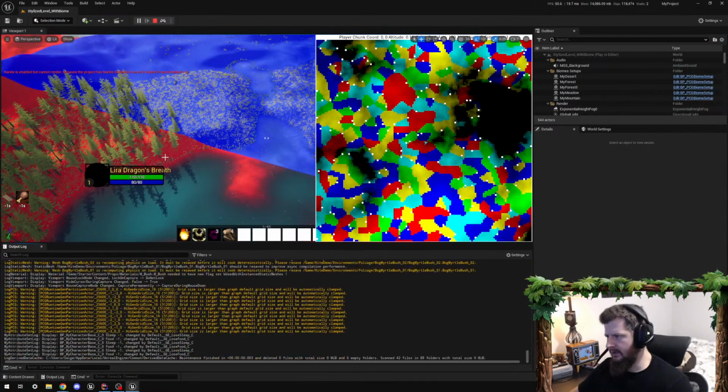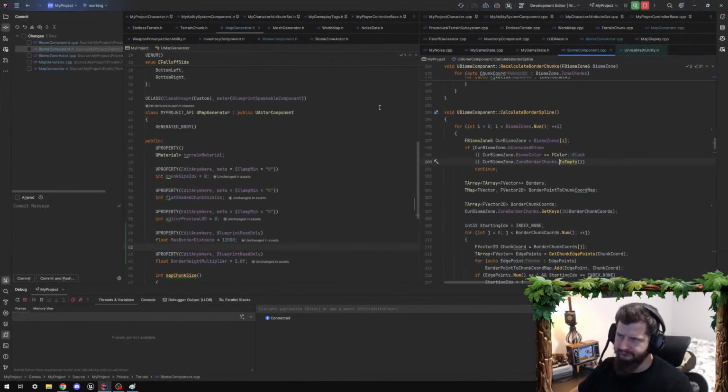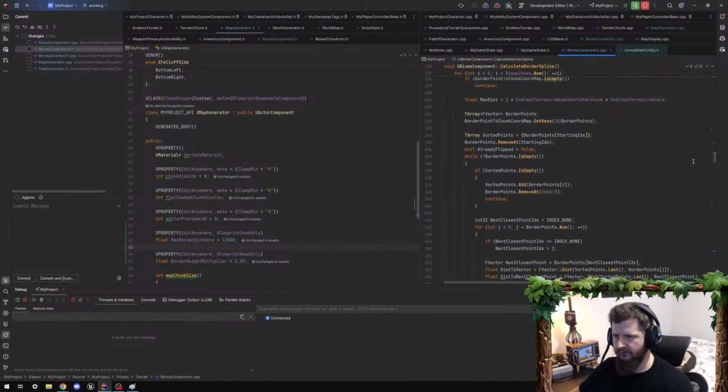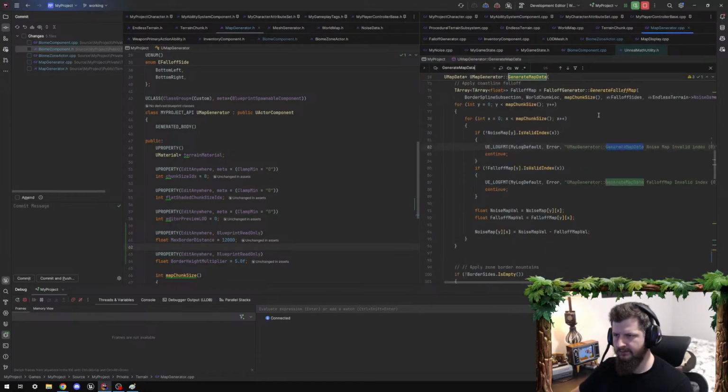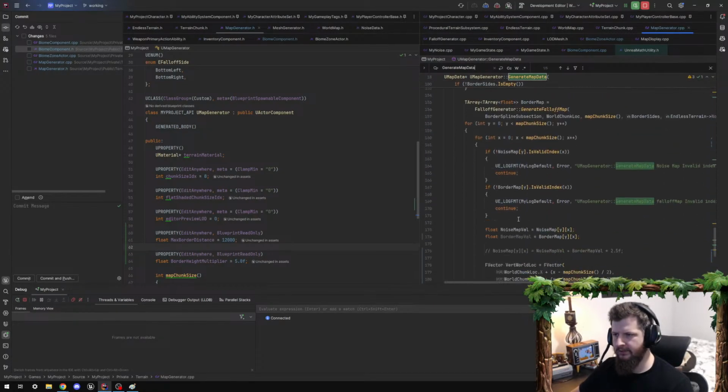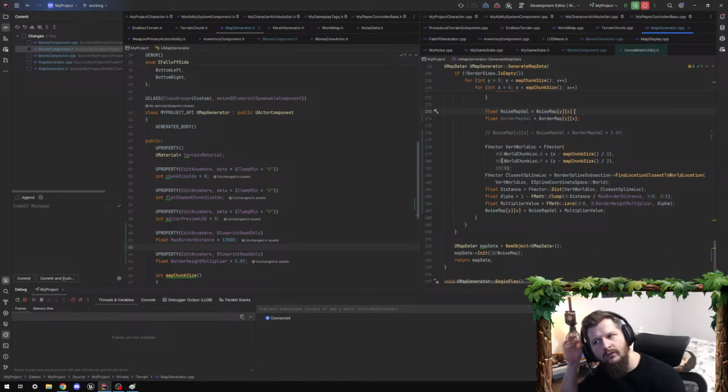So, nothing got applied. What that tells me is I think I'm probably off on my calculation for the vert world location. Oh, I also did plus multiplier value.